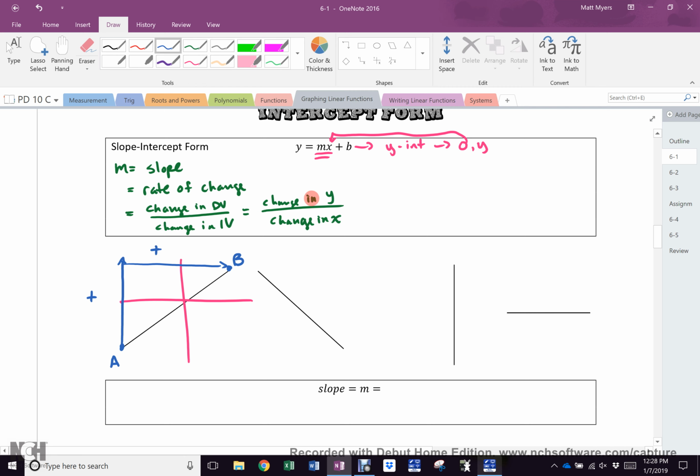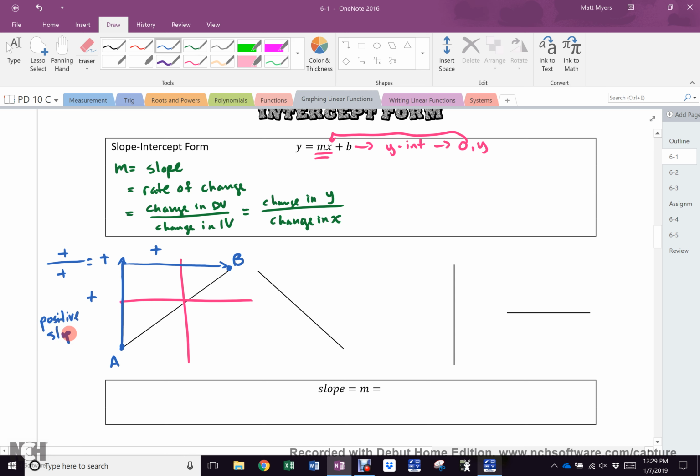So my change in y was a positive number. My change in x was a positive number. So I had positive divided by positive. When they're the same sign, what do I get? A positive slope. This is what we call a positive slope.